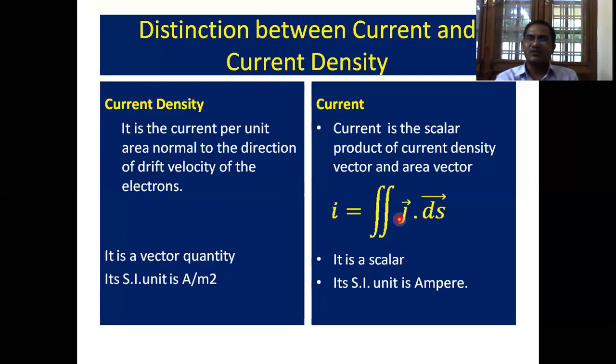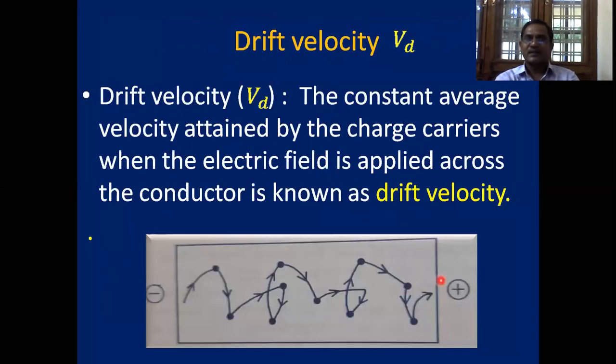The direction of J bar is along the direction of drift velocity of the positive charge, or opposite to the direction of flow of electrons. So current density is a vector quantity, current is a scalar quantity. The SI unit for current density is ampere per meter square, and the SI unit for current is ampere. Okay, this is the difference between current and current density.